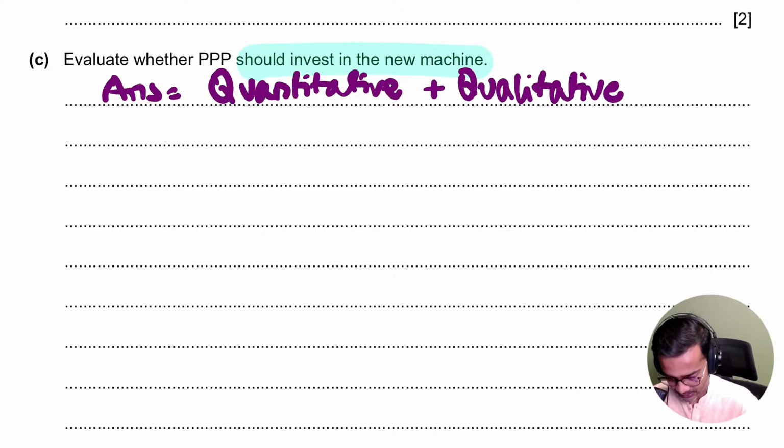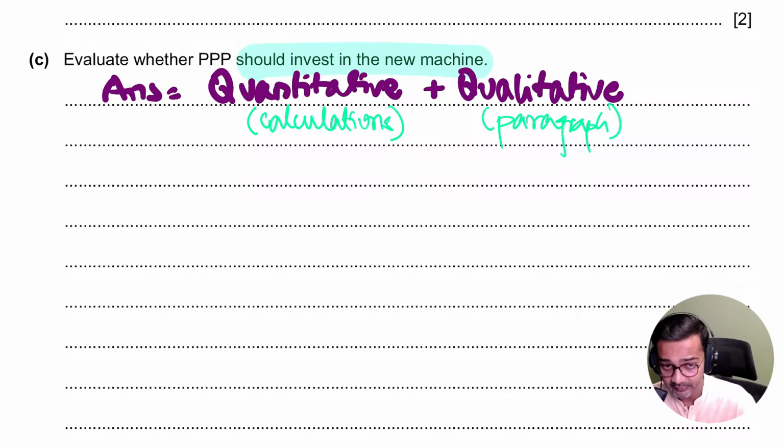Okay, now what does that mean? That means that you must use the calculations that you've calculated in part A and B in your answer, and you must use information that you find in the paragraph, so words and other things, and your judgment should always consider both the positives and negatives of both sides.